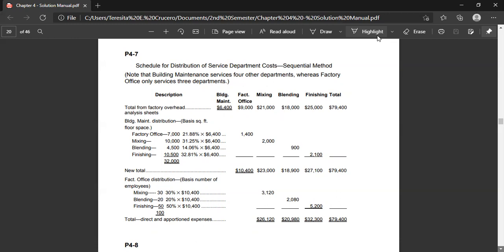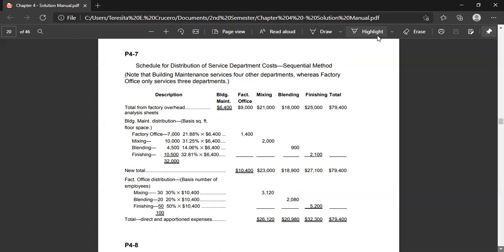Whereas in sequential, since the building maintenance department also serves the factory office, aside from the production departments, the factory office should be given a share in the cost of the building maintenance.